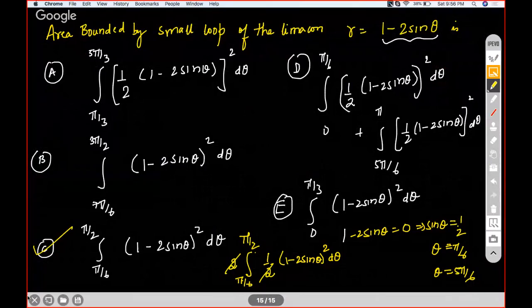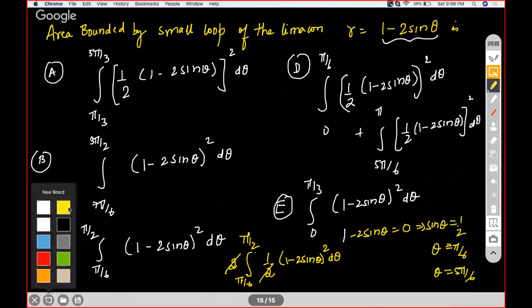Okay, let's take one more on parametric. The area enclosed by the hypocycloid. I'll show you a hypocycloid.